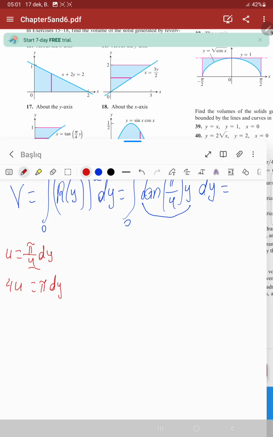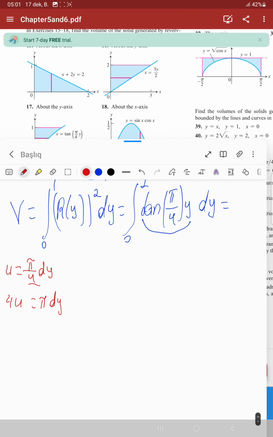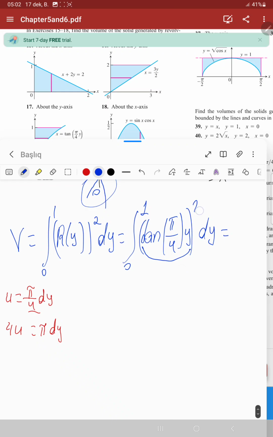Nice. And here our mission is to find u. How am I supposed to explain it? Okay, let's for now keep it like that. By the way, we forgot to write squared.